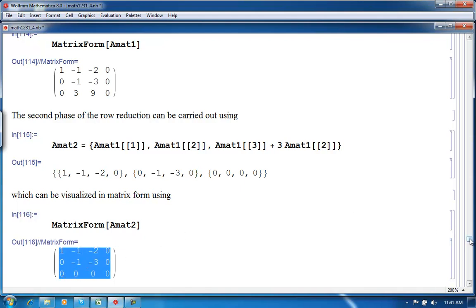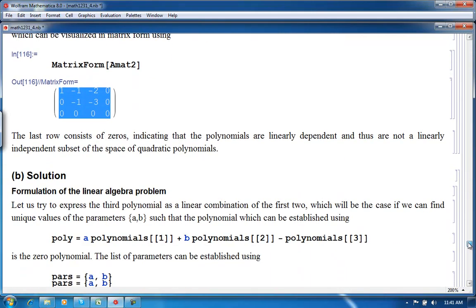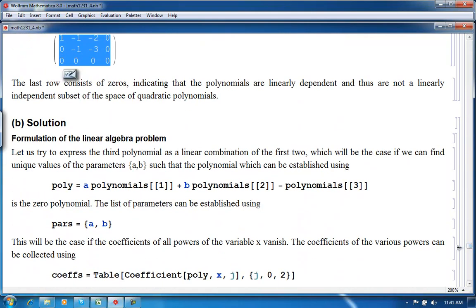So in fact there are non-trivial solutions, and therefore the polynomials are linearly dependent, and thus not a linearly independent subset of the space of quadratic polynomials.